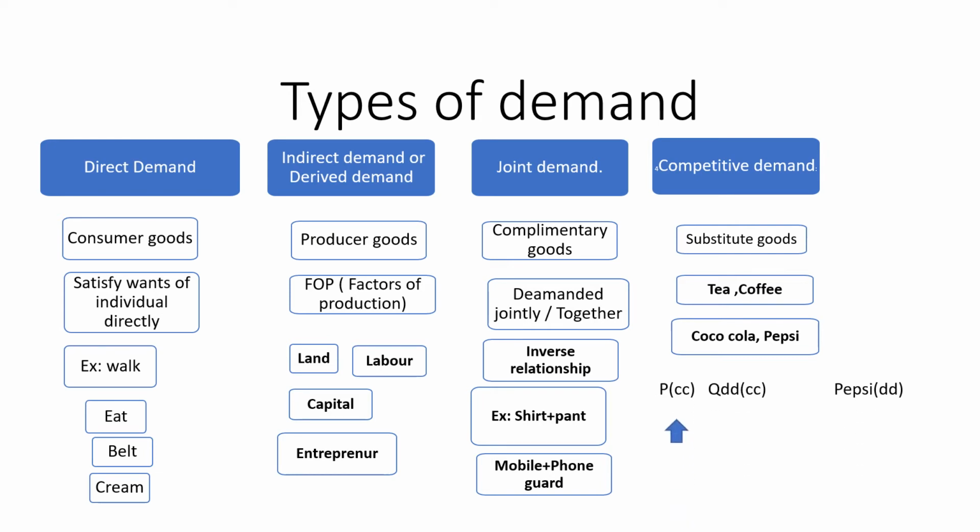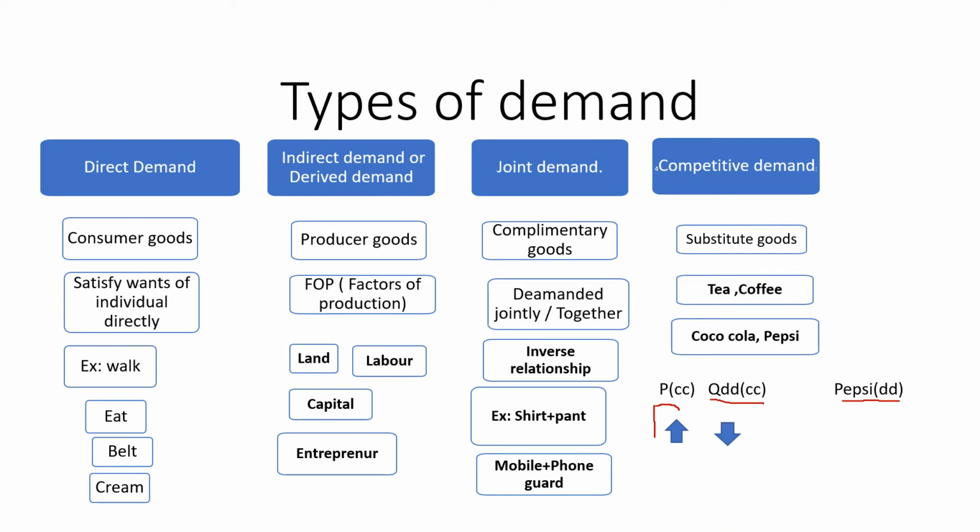And see, I will tell you with an example. This is the price of Coca-Cola and the quantity demanded of Coca-Cola, and this is the quantity demanded for Pepsi. Let us assume there is a price increase in Coca-Cola. Now what will happen?